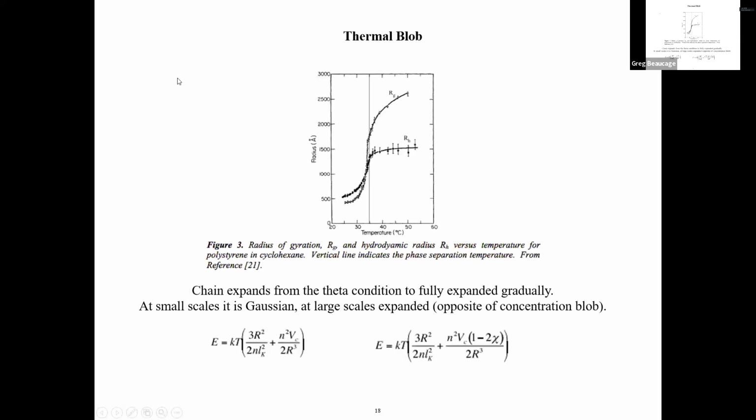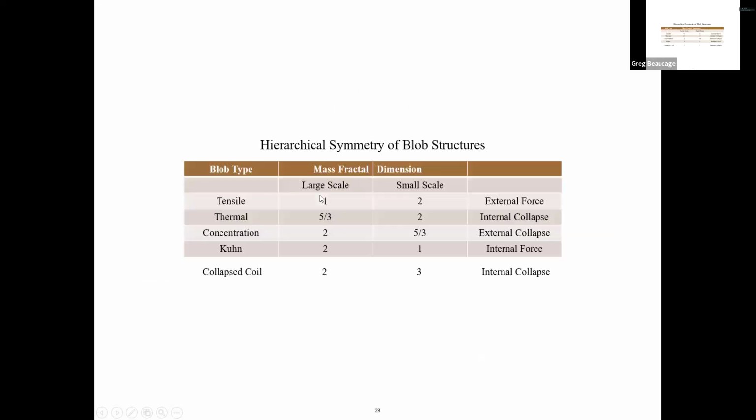Then the thermal blob is another one. So there's tensile blob, concentration blob, thermal blob, collapsed coil blob, and Kuhn length blob. So there's 5 total, but Kuhn length we already did. We did tensile, we did concentration. This one is the most complicated of the things. It's the opposite.